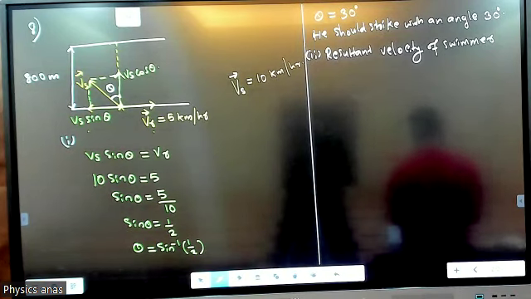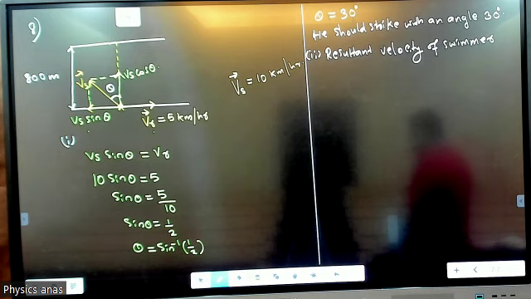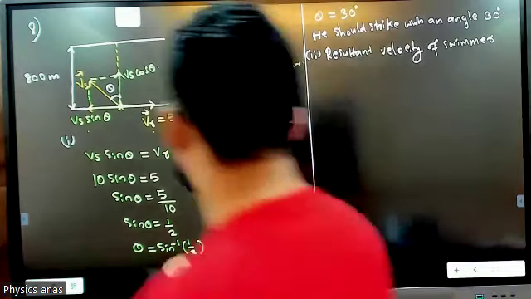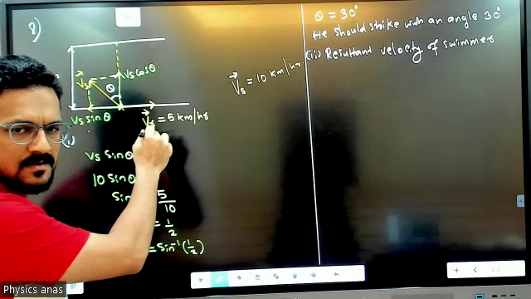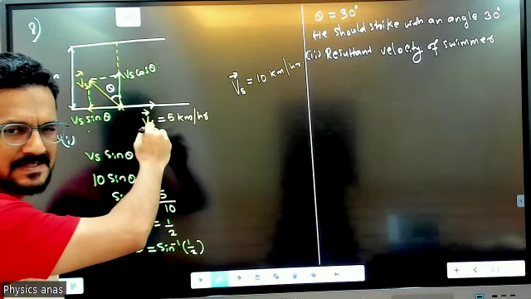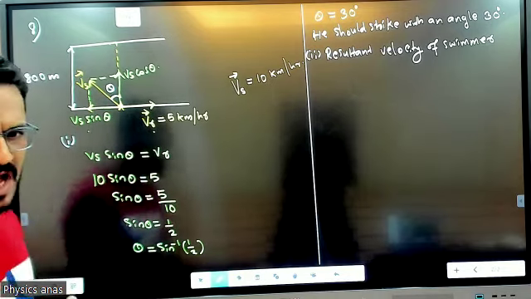Which velocity? Is it Vr? Please answer me, guys. Is this the velocity of swimmer?